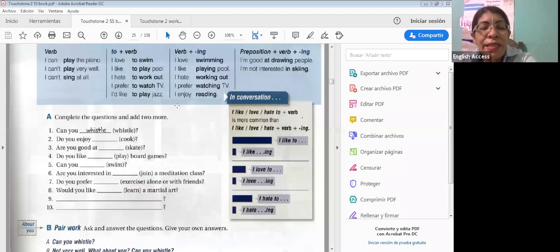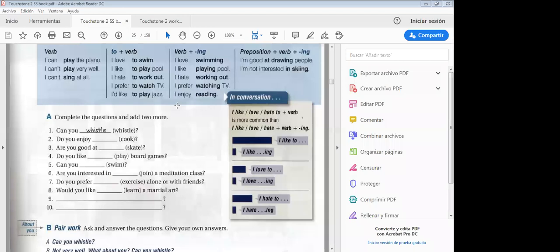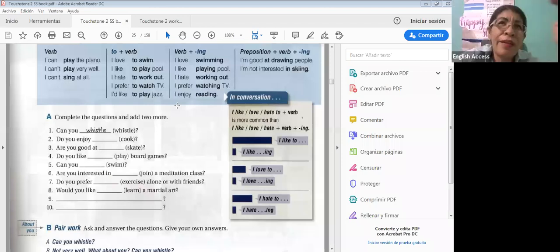And remember, with expressions like good at and interested in, we're going to use ing. I'm good at drawing, I'm good at dancing, I'm good at swimming, I'm good at painting, or I'm interested in learning French. I'm interested in cooking. I'm interested in taking a yoga class. So we have the prepositions, so we need verbs with ing endings. Okay, so try to remember that.